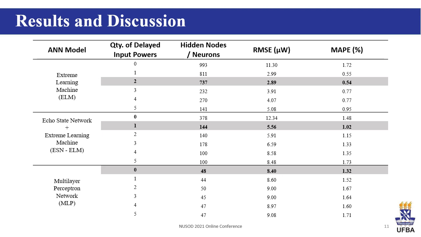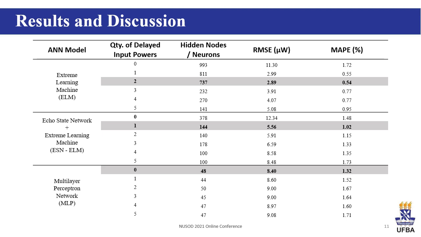In contrast, the best result obtained by the ESN-LM hybrid model was using just one delayed input power and just 144 neurons in the dynamic reservoir. However, the error obtained is approximately double that presented by ELM, with an RMSE of 5.56 and a MAPE of 1.02%.